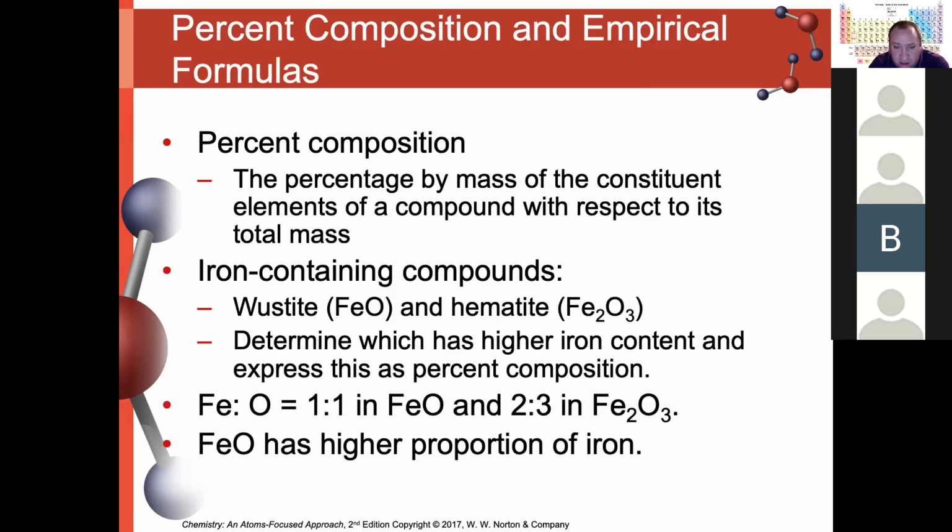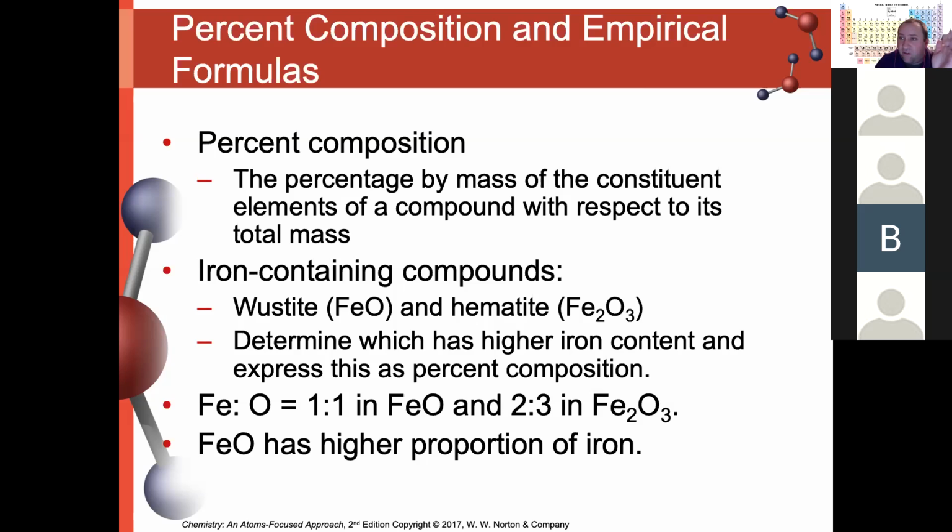Now, the way that we can look at this from a constituency standpoint is that we can look at wüstite and say, okay, in terms of a molar ratio, in terms of an atomic ratio, we've got a 50-50 blend.